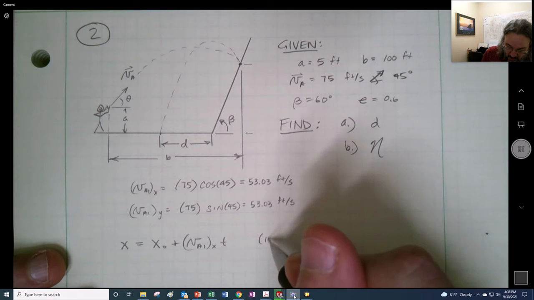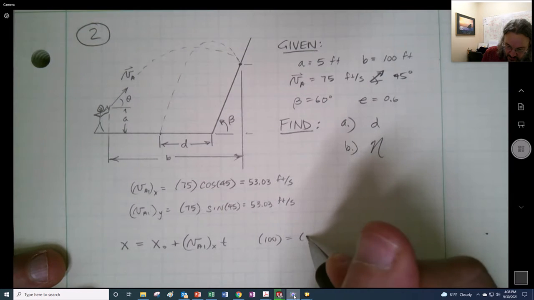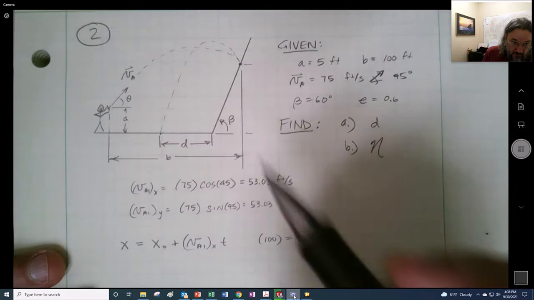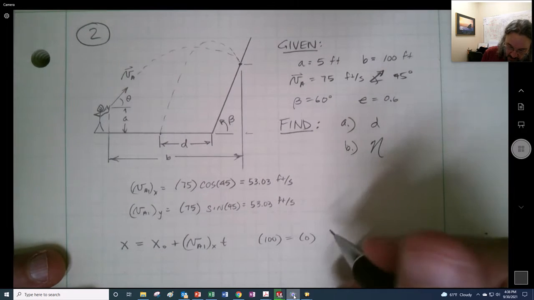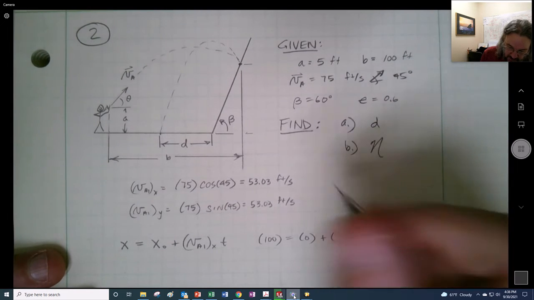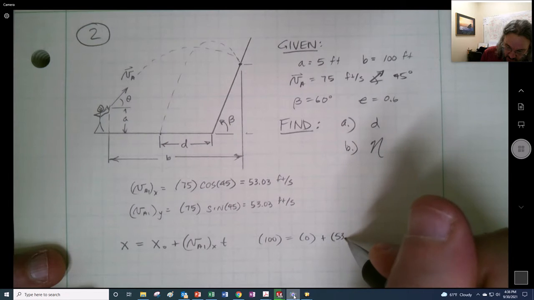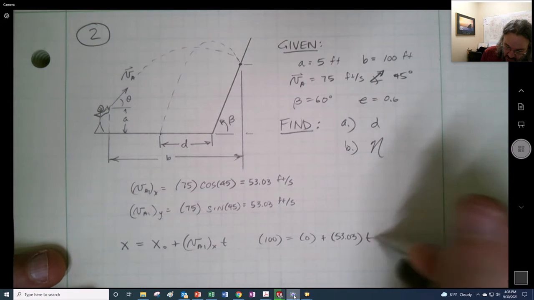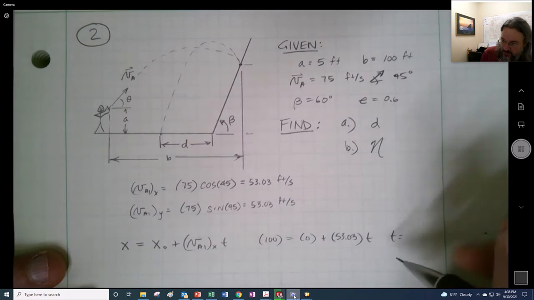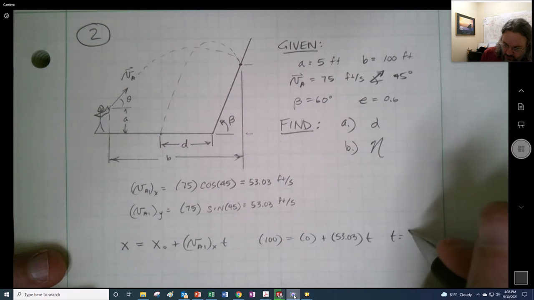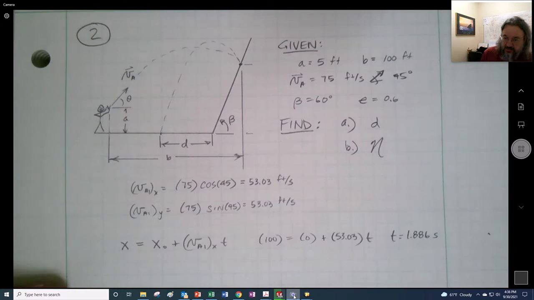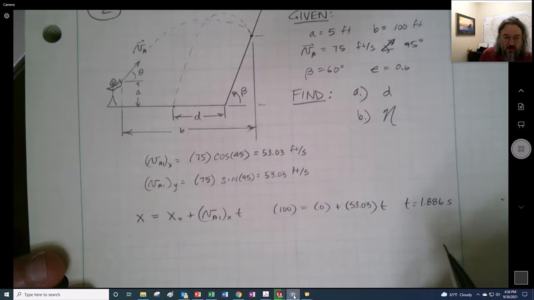So we know that it's 100 feet, starting, let's call that 0 right there, plus 53.03, and now we can find the time. And so that time should come out to 1.886 seconds. So we know when it's going to hit.